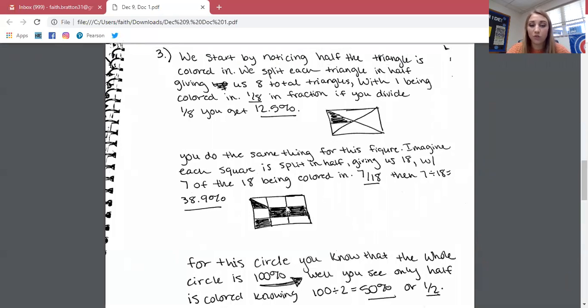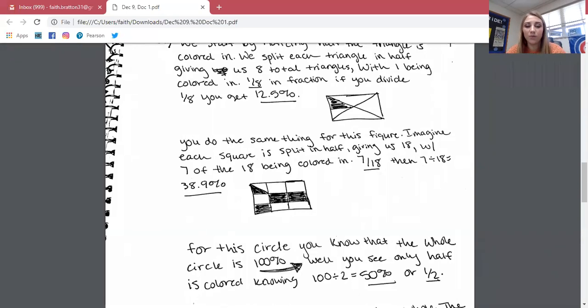With 7 of the 18 being colored in, like 1, 2, 3, 4, 5, 6, 7, that is 7 over 18. Then divide 7 by 18, and you get 38.9%. So that's showing your fraction and your percentage.